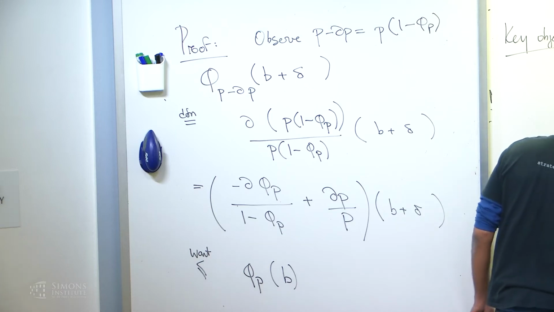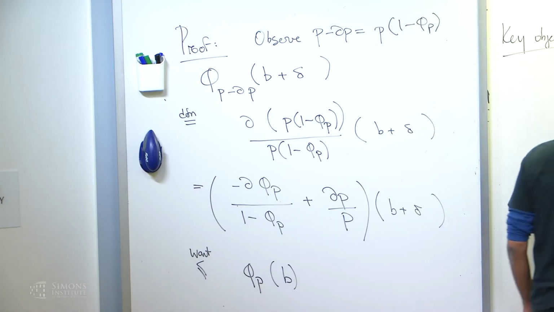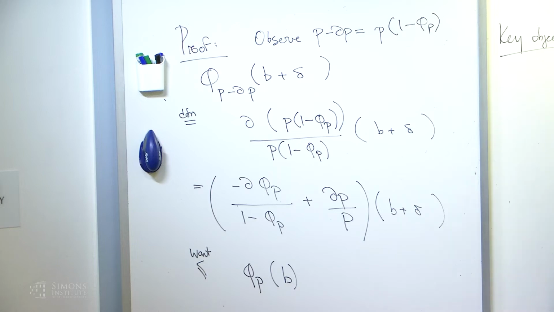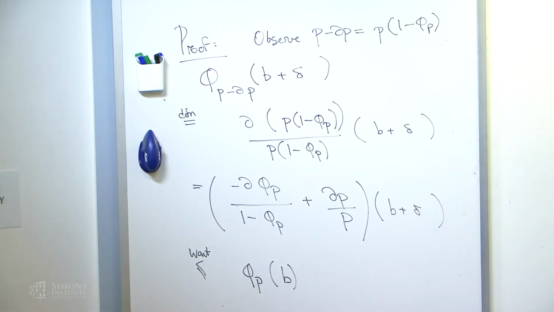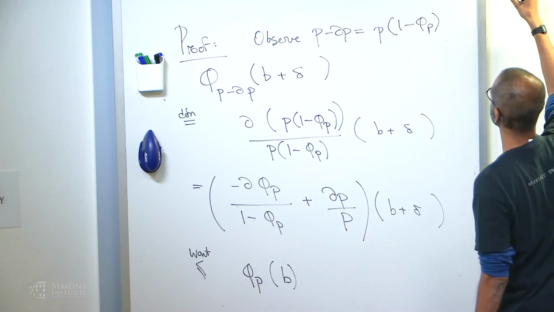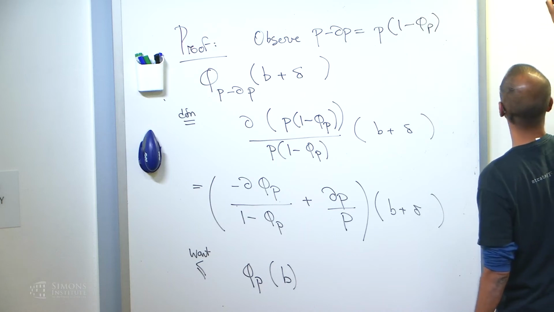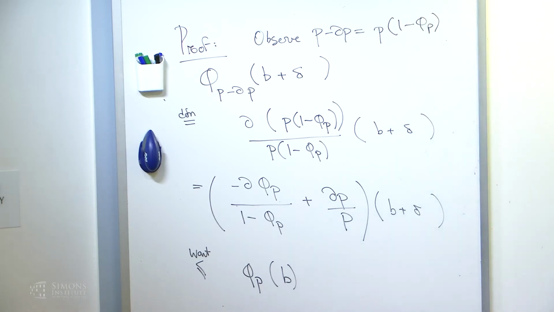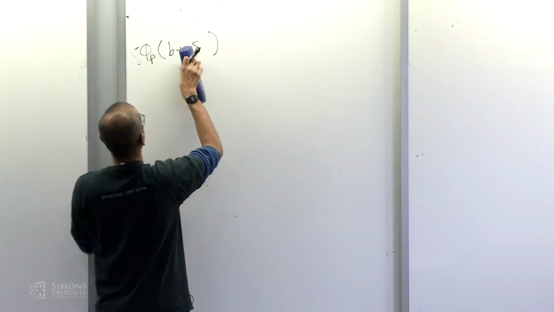Now I'm going to make two observations, which I guess I erased, but they follow from the picture of the rational function. So let me write them here. One is that this function is monotone decreasing above the roots of the polynomial.